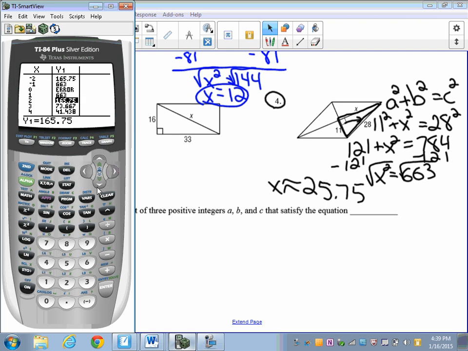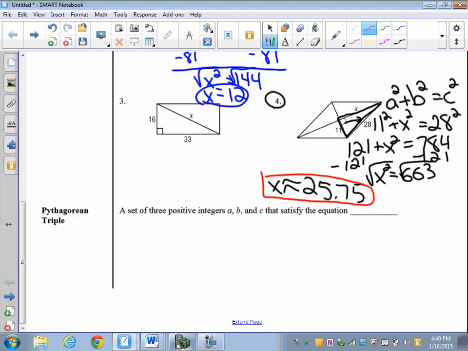If I have any whole numbers in y1, that means it can be simplified. And going down, I see I don't have any whole numbers. So that means it's already in simplest form. So x is about equal to 25.75, and it's actually equal to the square root of 663. We can't break that square root up anymore.